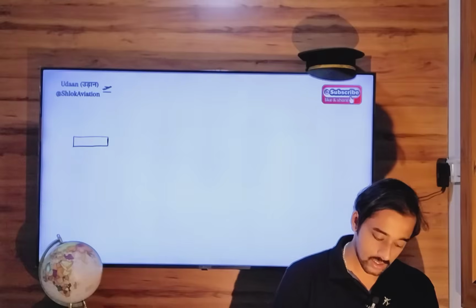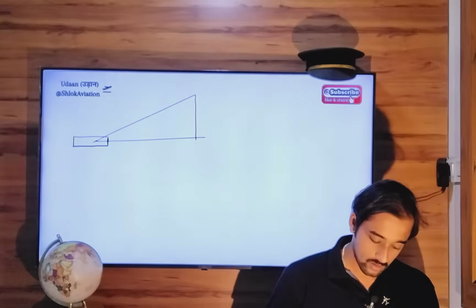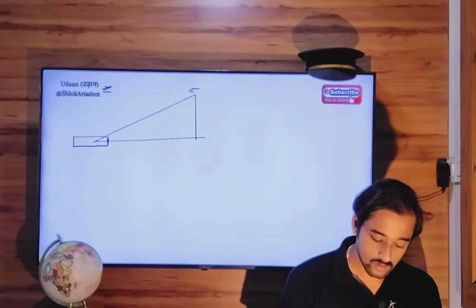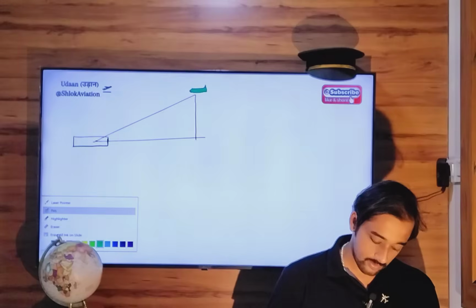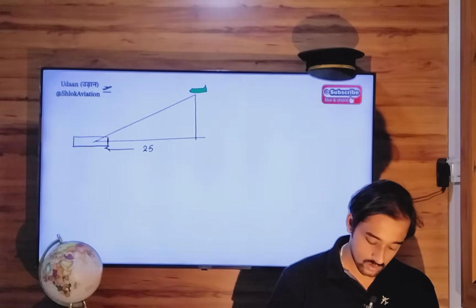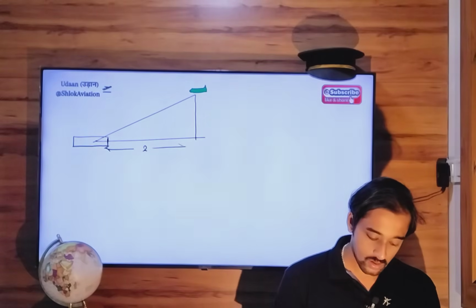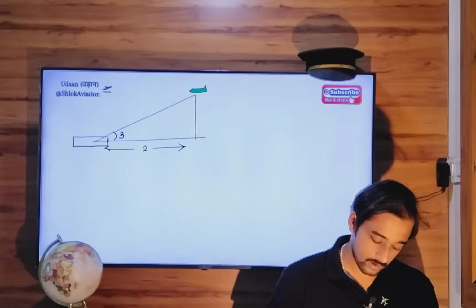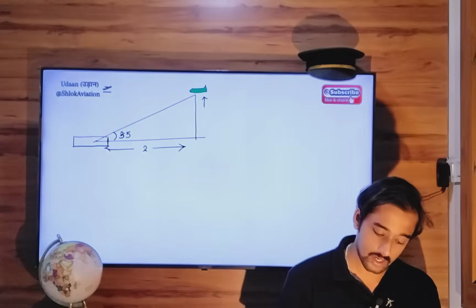Okay, you are approaching, distance away from the runway is 2 miles. Angle is 3.5 degrees. And now you have to find height.